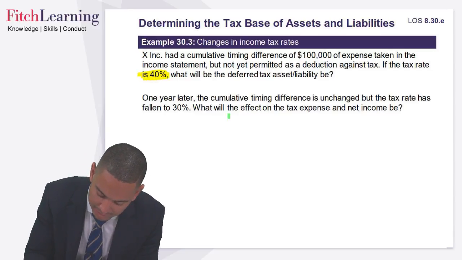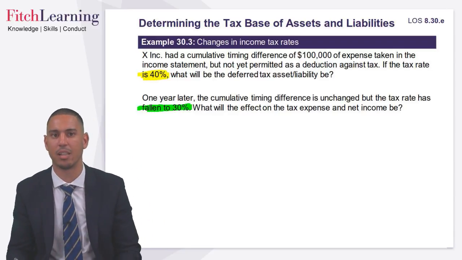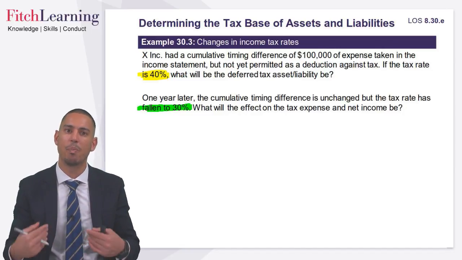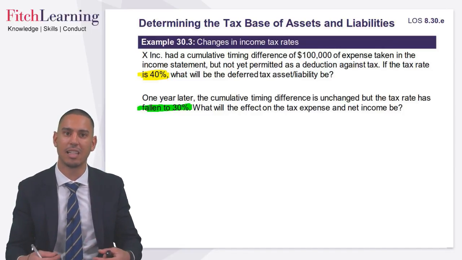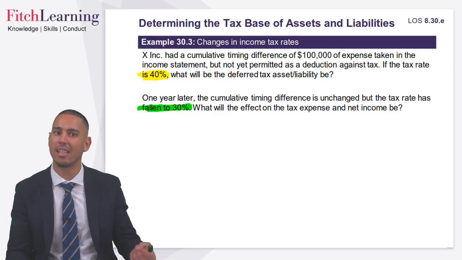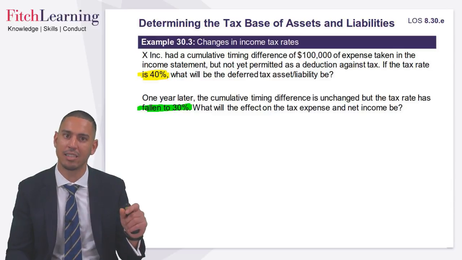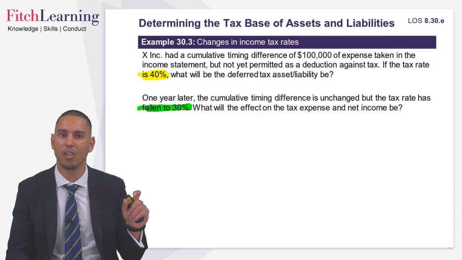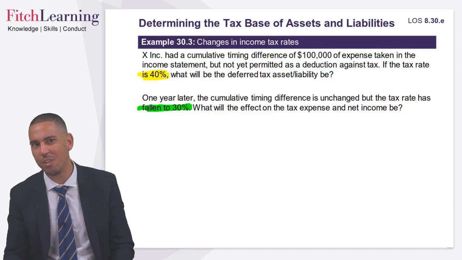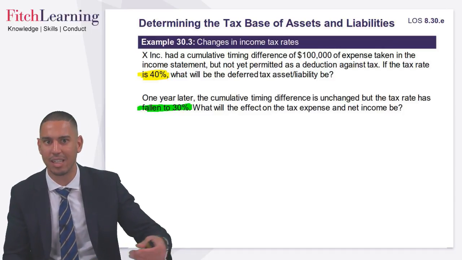I start at 40%, I end at 30%. That is going to decrease both my deferred tax asset and my liability. Before, if I had an asset, I was going to use that asset and offset 40% of my income, a 40% benefit. But now I only get to offset it against 30% of tax.